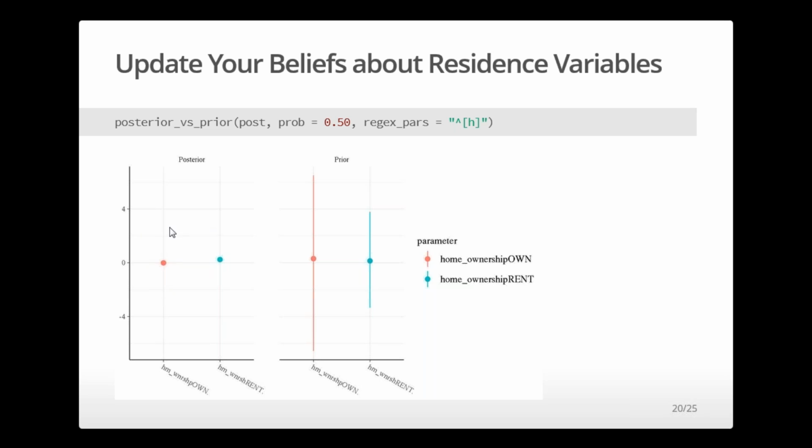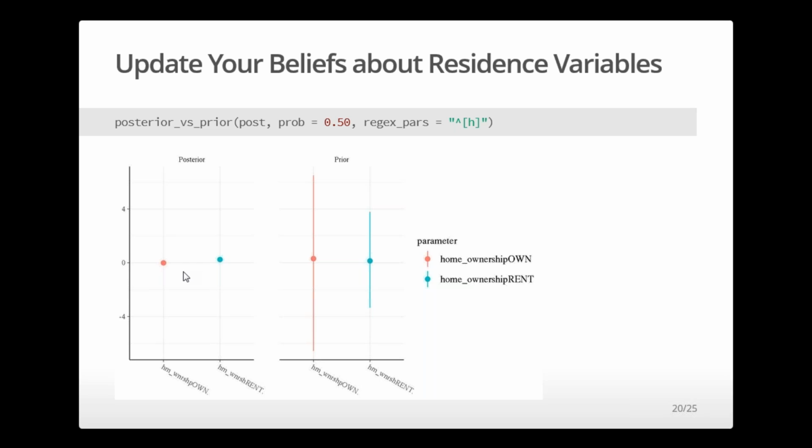And our posterior beliefs about these two, conditional on the data, are that they have very small coefficients, very close to 0. The rent variable is maybe a little bit higher than the home ownership variable, indicating people who rent have a slightly higher probability of defaulting on their loans.